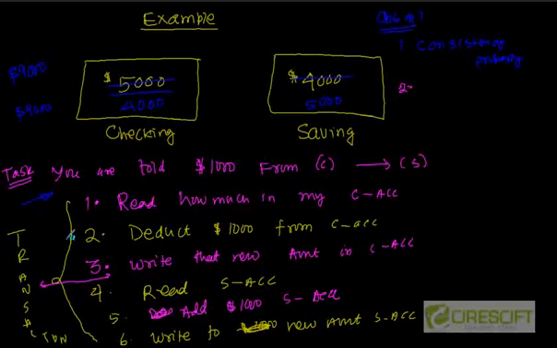Consider the case that you have already taken 1000 from the checking account, so the checking account amount becomes 4000, and you have not yet added anything to the savings account, so the savings account amount is still the initial value.